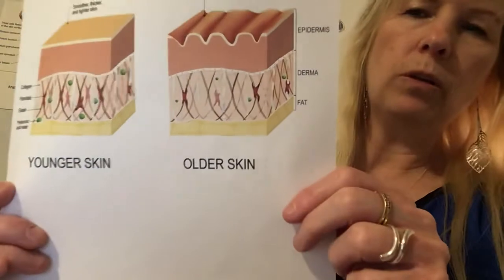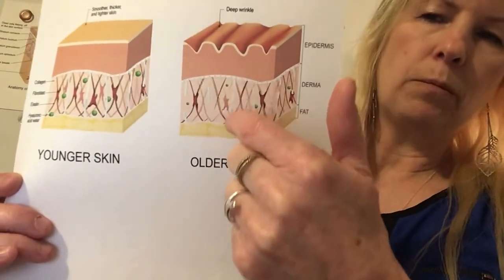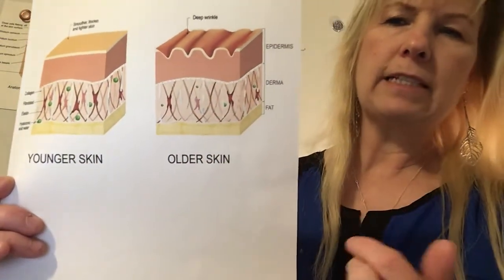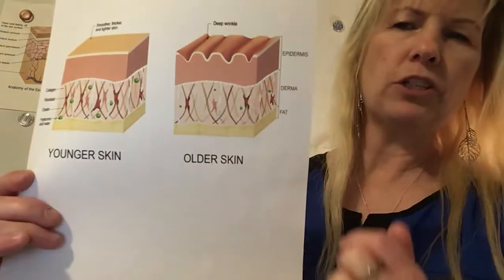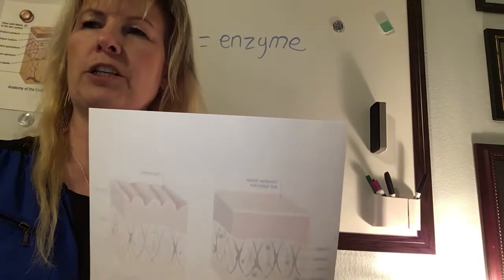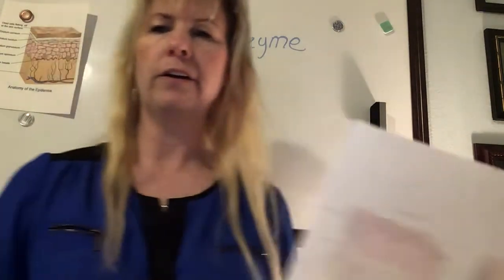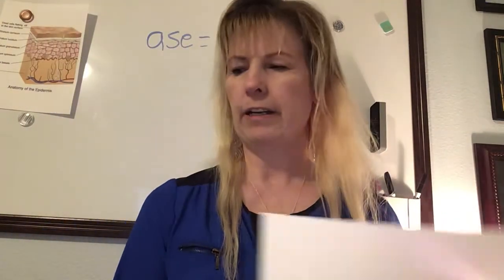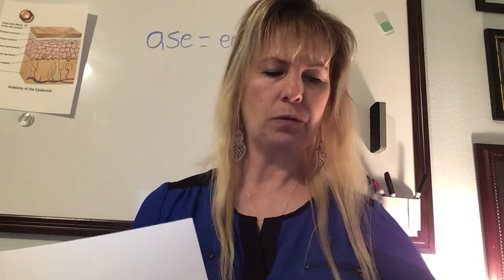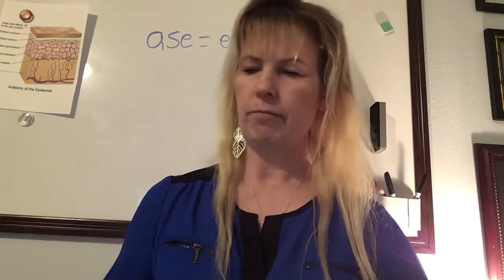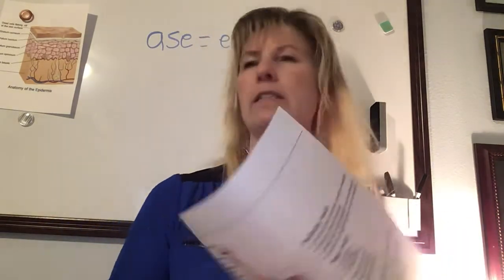Now, when you look at the older skin, see how the collagen is all broken apart, the elastin's in bad shape, and there's not as much hyaluronic acid in there. So with the aging process too, our hair turns gray, and that is due to the melanocytes.